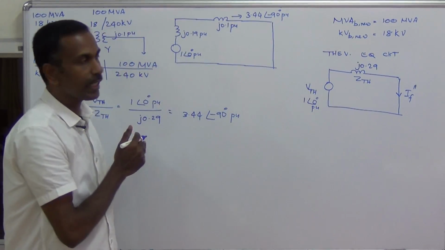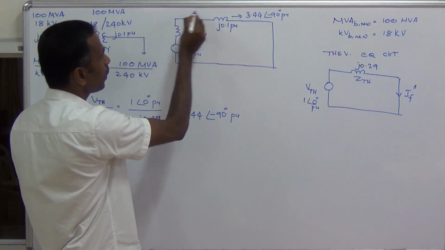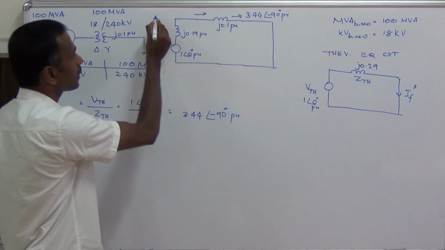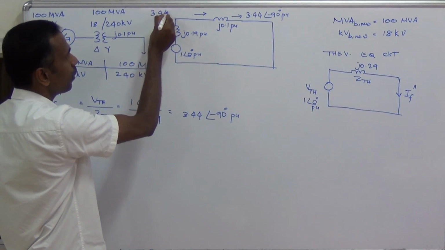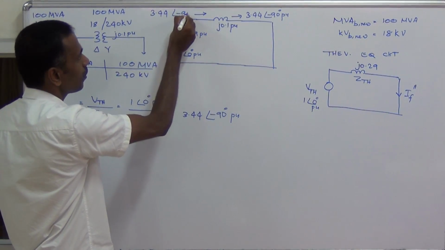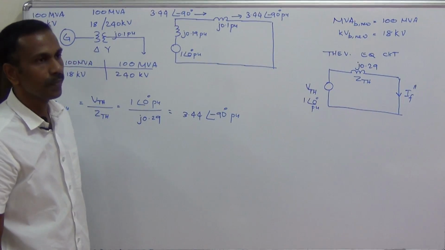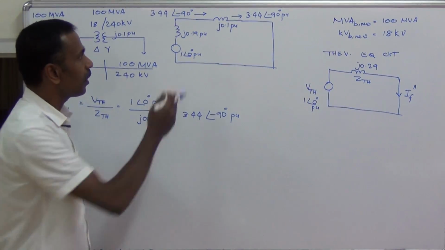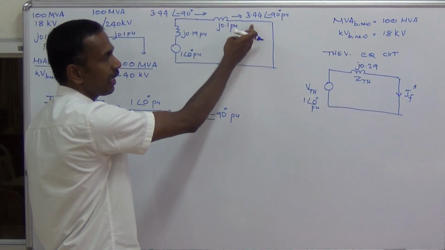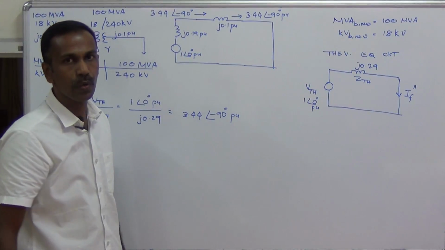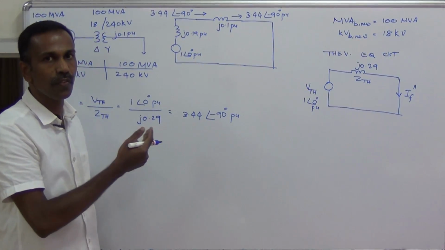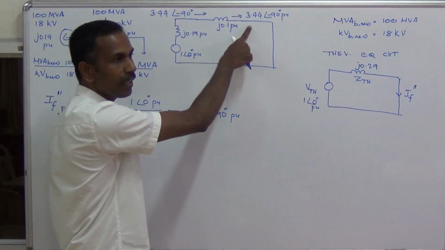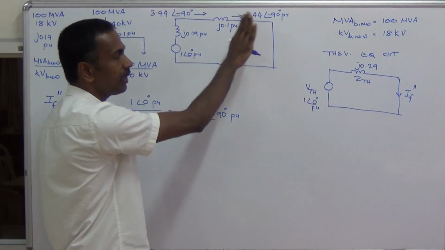On the low tension side also, the per unit fault current is the same, 3.44 angle minus 90 degree. But the actual fault currents will be different on the high tension side and on the low tension side. How will you find out the actual fault current? The per unit fault current into the base current on that side.